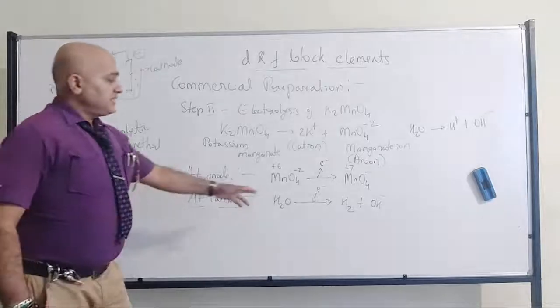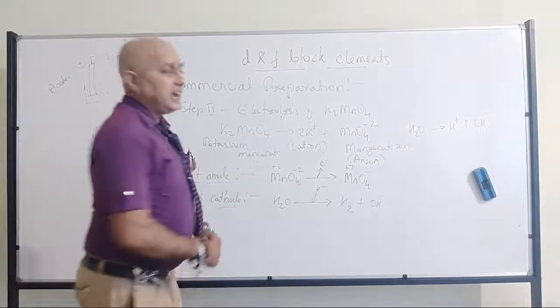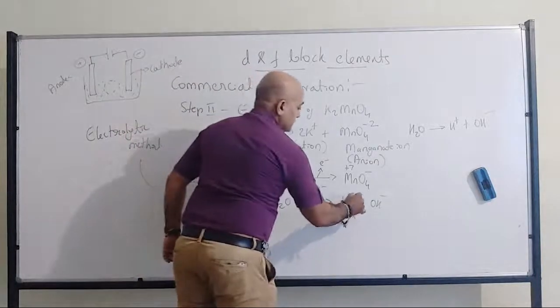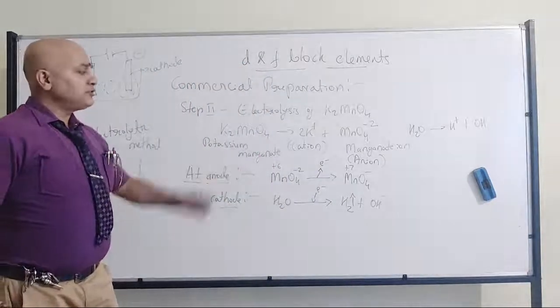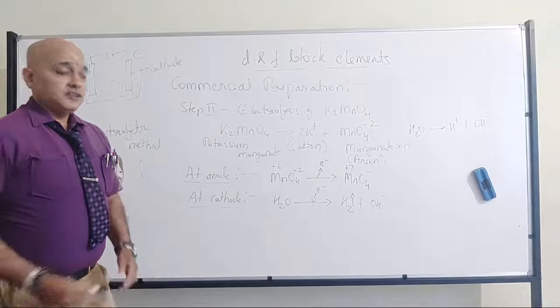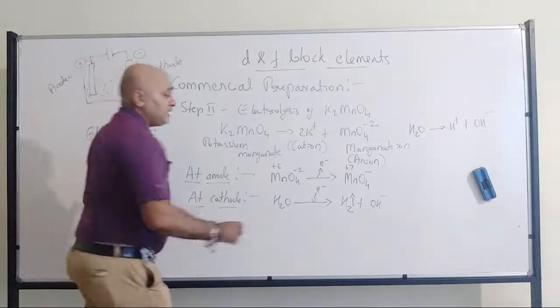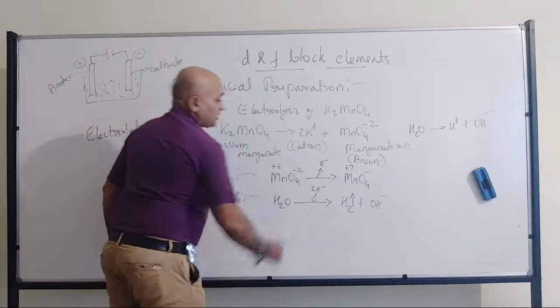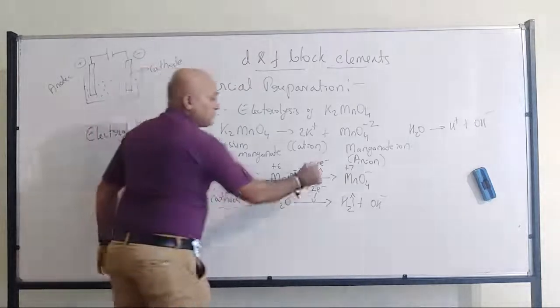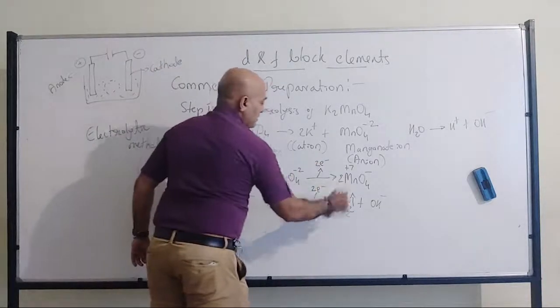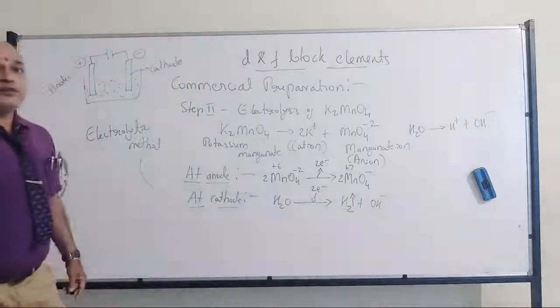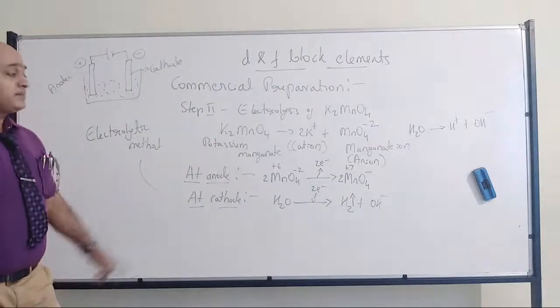Okay, it is going to release the hydrogen gas and OH minus. So what is happening? How come hydrogen gas came? In that case, we should be having 2 electrons. If 2 electrons have to be donated, then 2 MnO4 minus has to be formed.